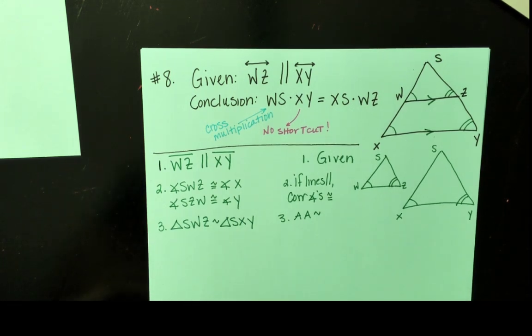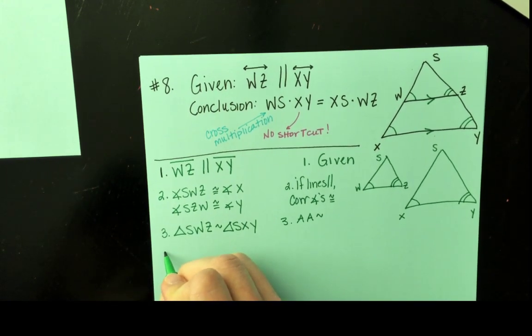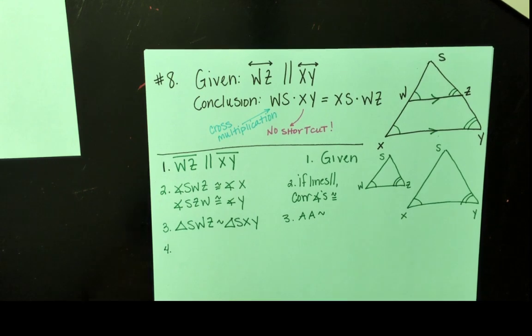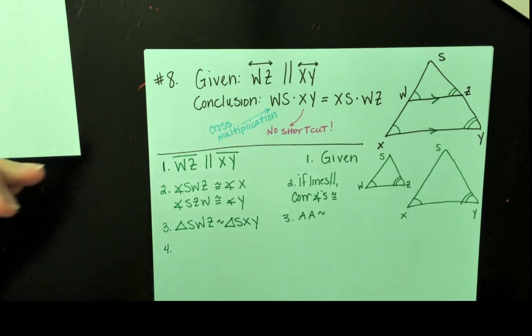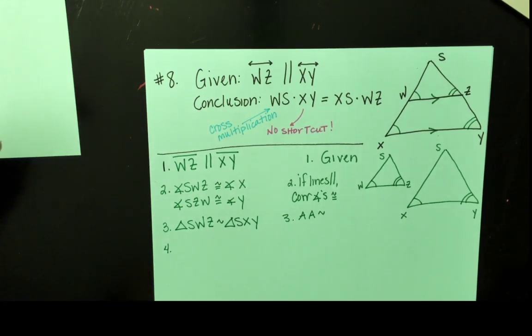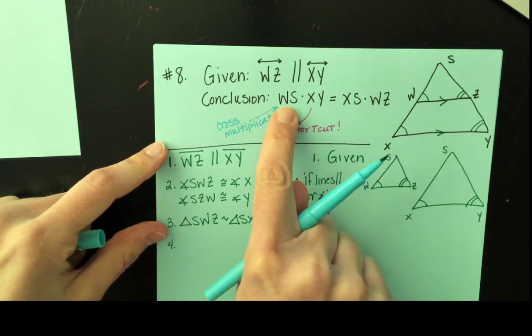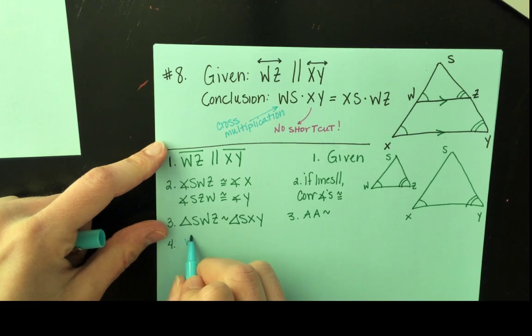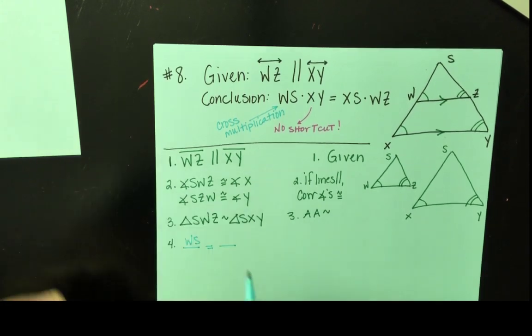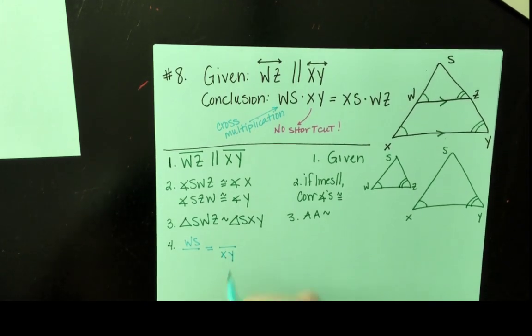So in line 4, what I'm going to do is I'm going to state the proportion according to, if I have WS first, it had to have cross multiplied with XY.